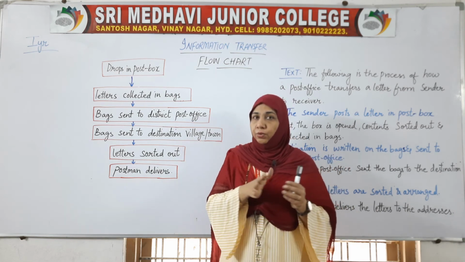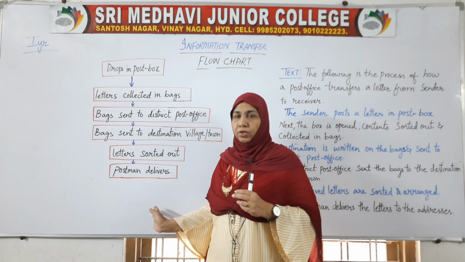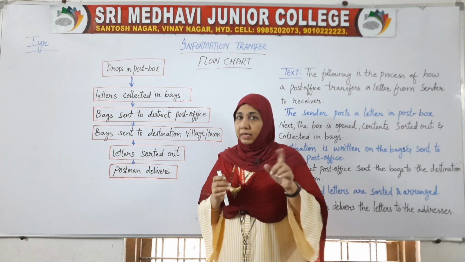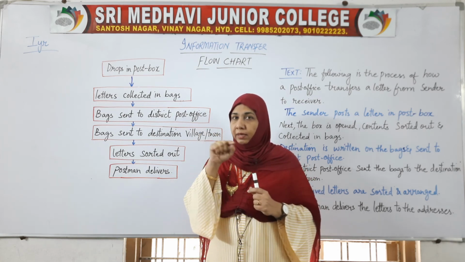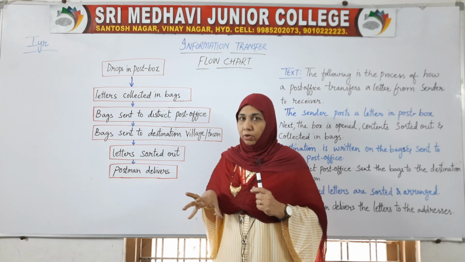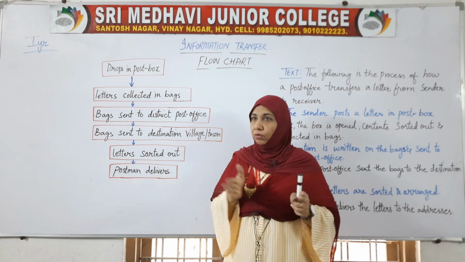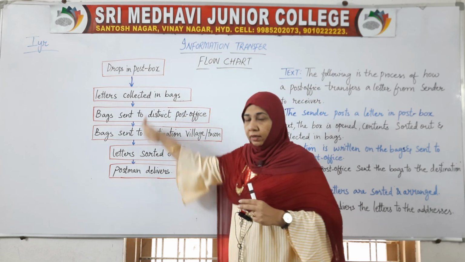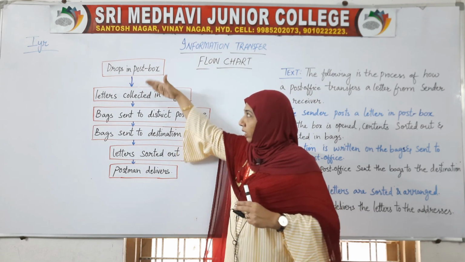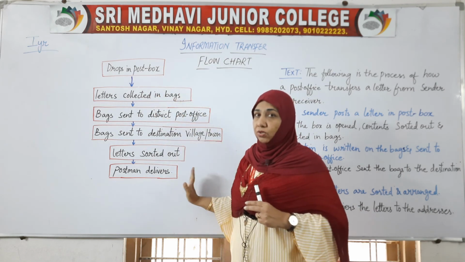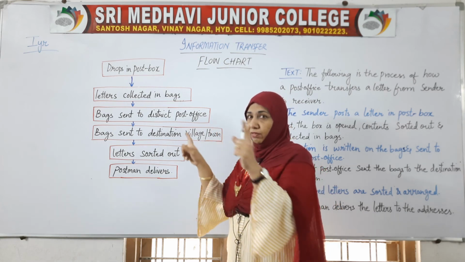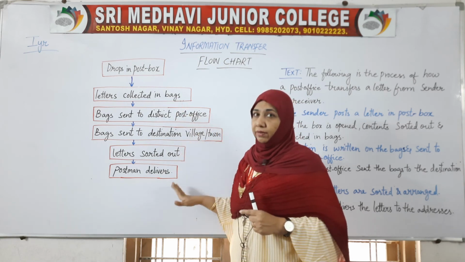And then if suppose a paragraph is given and I have instructed you to draw a flow chart, what you have to do? You have to once again, as I said, with the pencil immediately sort out important points, then frame a flow chart. Flow means going down. 1, 2, 3, 4, 5, 6. It is not like a tree diagram. A tree diagram has branches. This does not have branches.